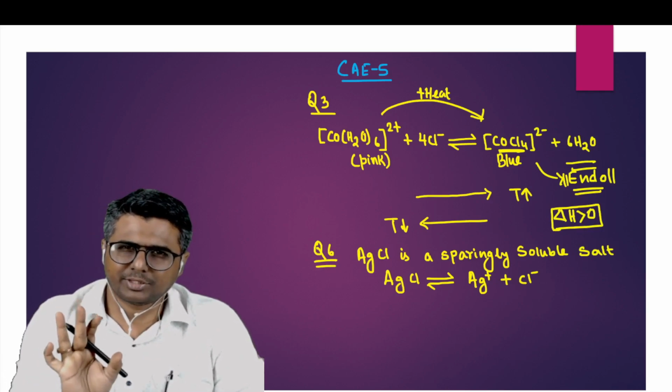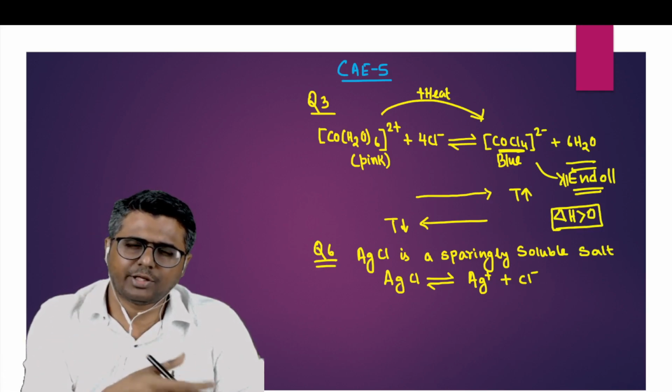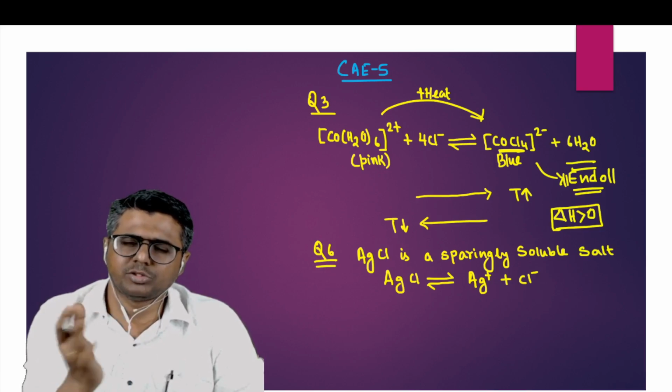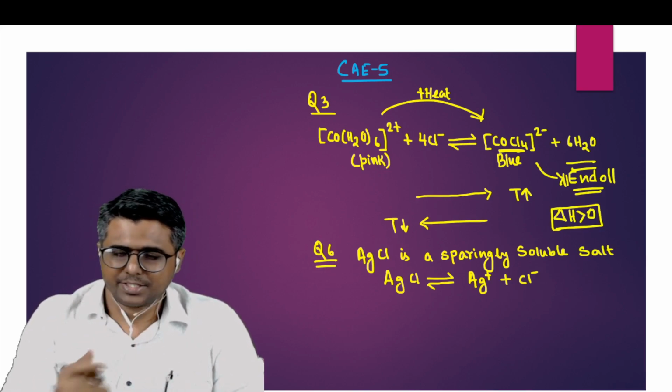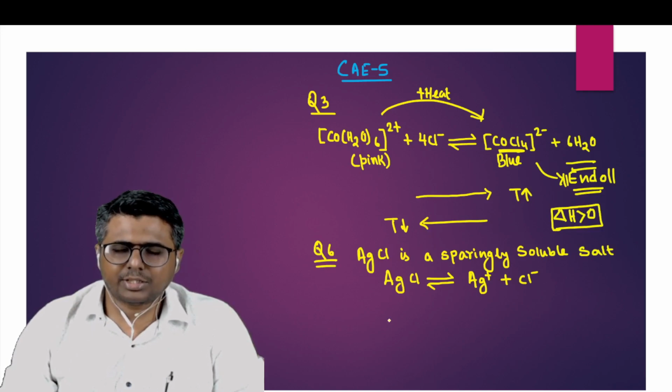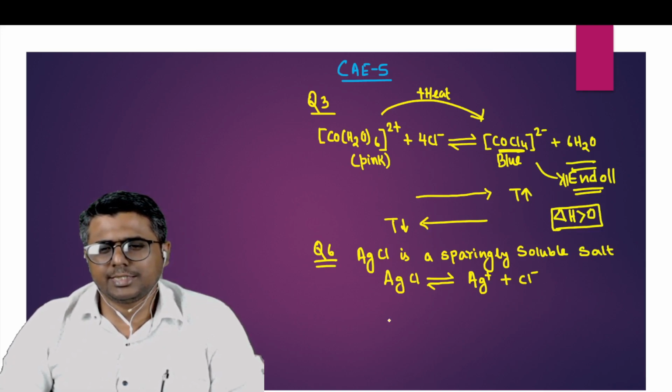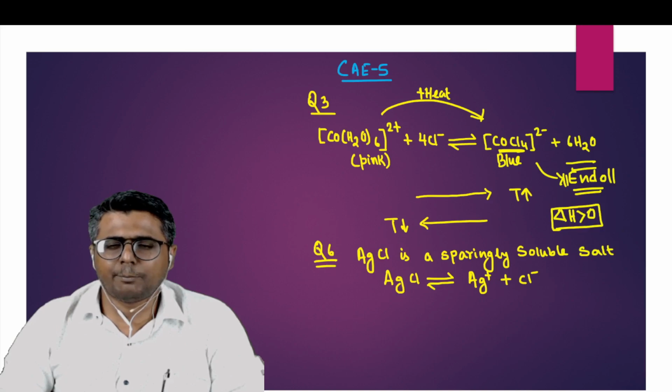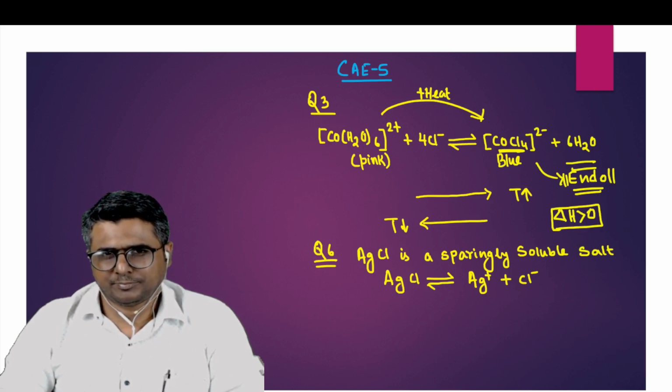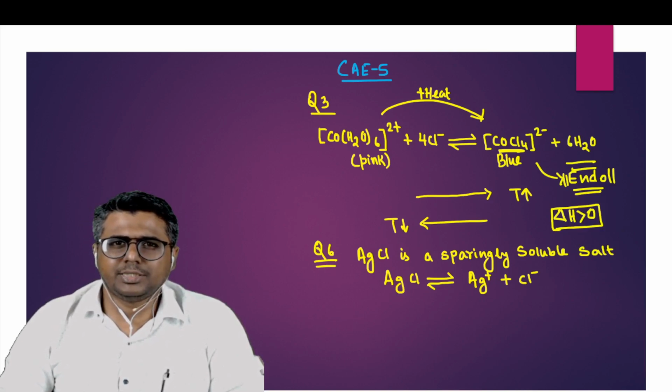Maybe out of 100 moles, maybe 0.1 moles is getting solubilized, but it is getting solubilized. And when the backward reaction is concerned, Ag plus and Cl minus combine to form AgCl.